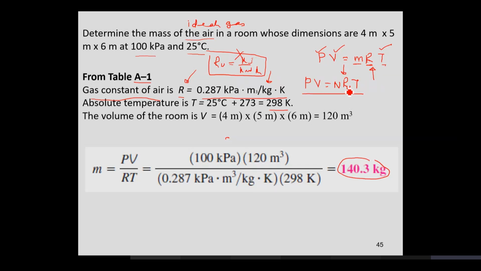Whenever you are using the ideal gas equation with the universal gas constant, you will use it in moles. Whenever you are using the ideal gas equation PV equals mRT, m refers to mass and R refers to the specific gas that you are talking about. We have covered it in the last lecture. Kindly go back and recall the lecture. All right.